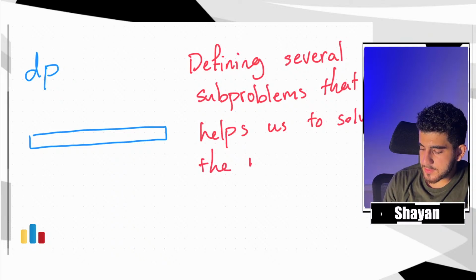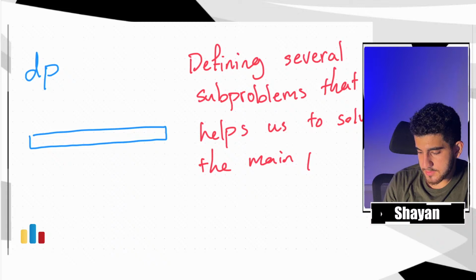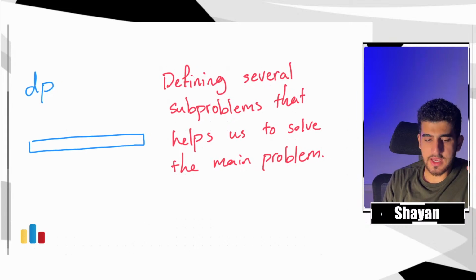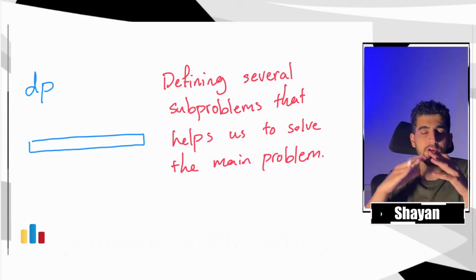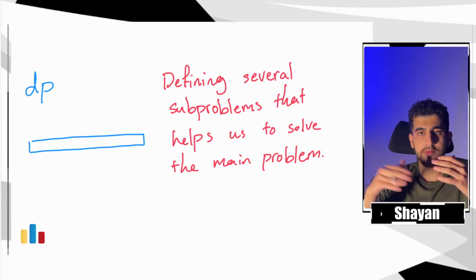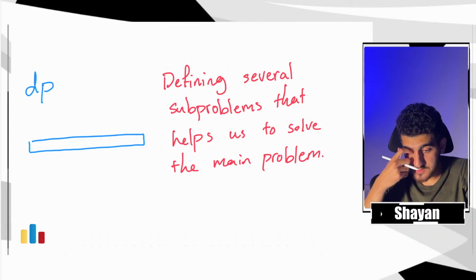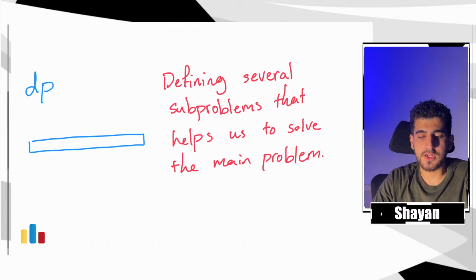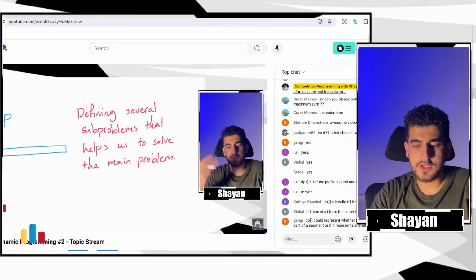The main problem is also one of those subproblems, and the point is that we define several subproblems because we know that these subproblems are going to help each other to be solved. So in here, what can we define our subproblems as? So let's see.